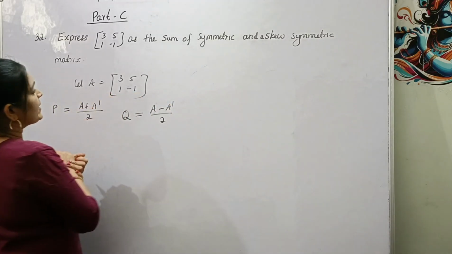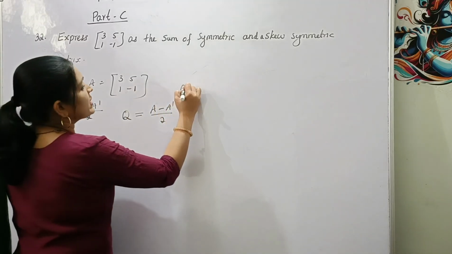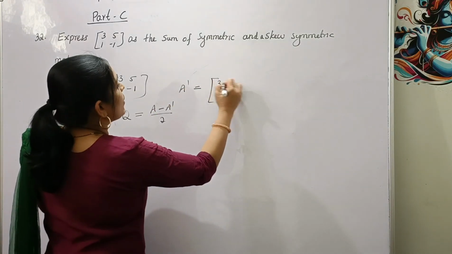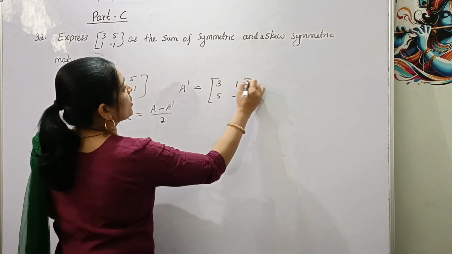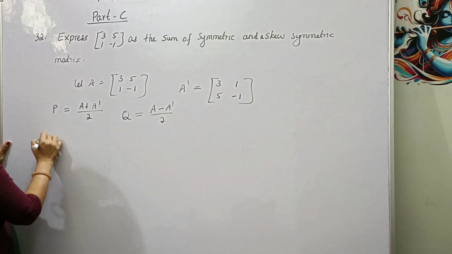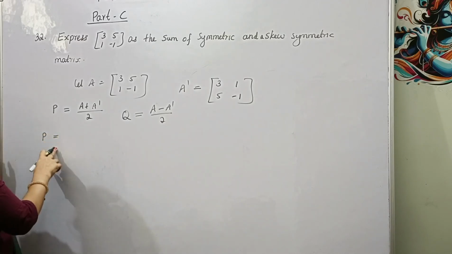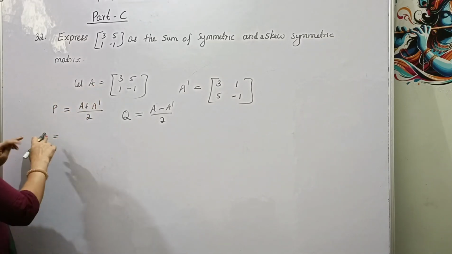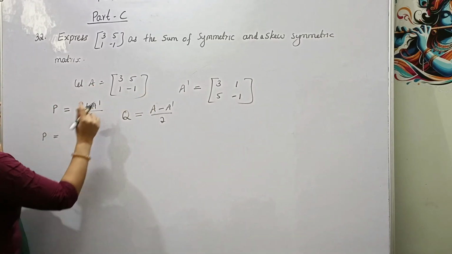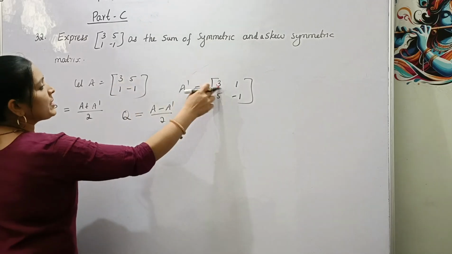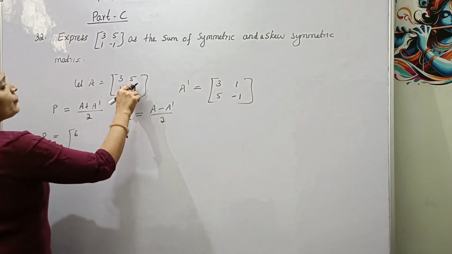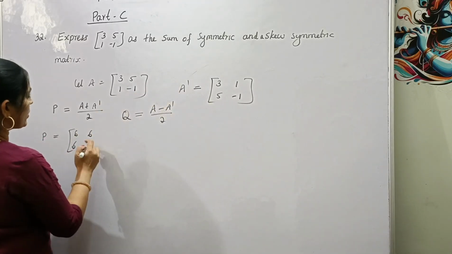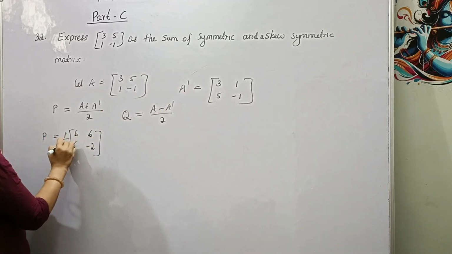Now if A is equal to 3, 5, 1, minus 1, then what is A transpose? Interchange the rows and columns: 3, 1, 5, minus 1. Now let's find the symmetric matrix P. If you add P plus Q, you will get the same A. So P is equal to A plus A transpose, adding corresponding elements: 3 plus 3, 6, 5 plus 1, 6, 1 plus 5, 6, minus 1 plus minus 1, minus 2, into 1 by 2.